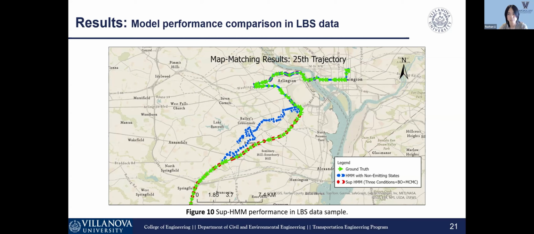Once it has deviated, it struggles to return to the correct path. In contrast, our Sup-HMM model results, shown in red trajectories, maintain a stable and accurate path throughout, staying much closer to the ground truth. The ground truth is in green.